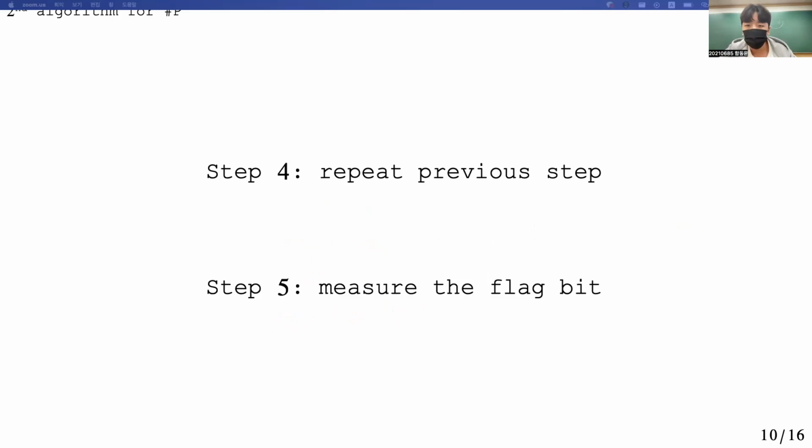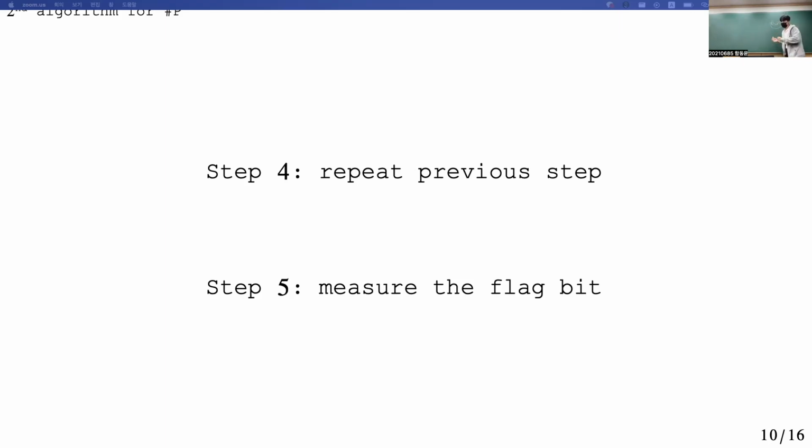Step 4: the previous step is then repeated using each of the first n qubits as the index. This means that in the last step we thought of the first qubit and the flag qubit separately, and next we think separately of this one and the other things separately.